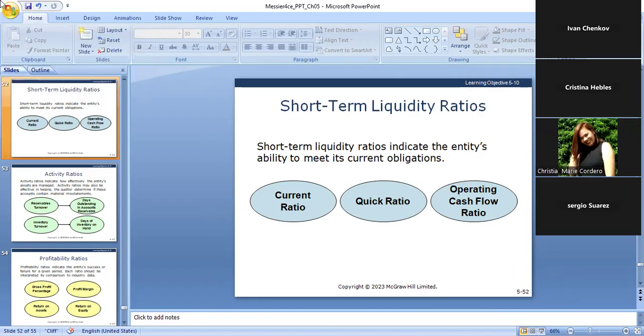You record prepaid expenses only to match the expense with the period to which it relates. So for that reason, prepaid expenses, yes, are a current asset, but the chance of converting them to cash is pretty much zero. That's why they're eliminated when we do the quick ratio.